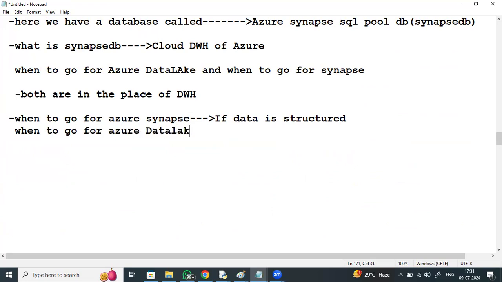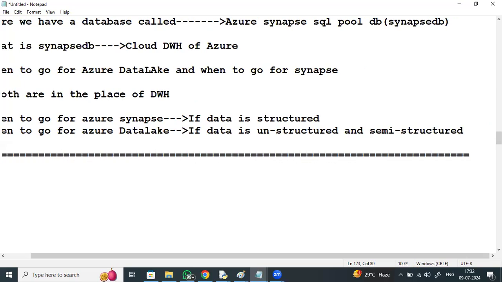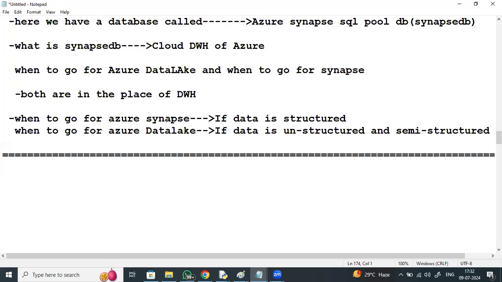For Azure Data Lake, if data is unstructured and semi-structured. Understood? Azure SQL for normal cloud RDBMS, not for data warehouse. Azure Synapse DB for cloud RDBMS for data warehouse purpose. Azure Data Lake, distributed file system with unlimited storage.